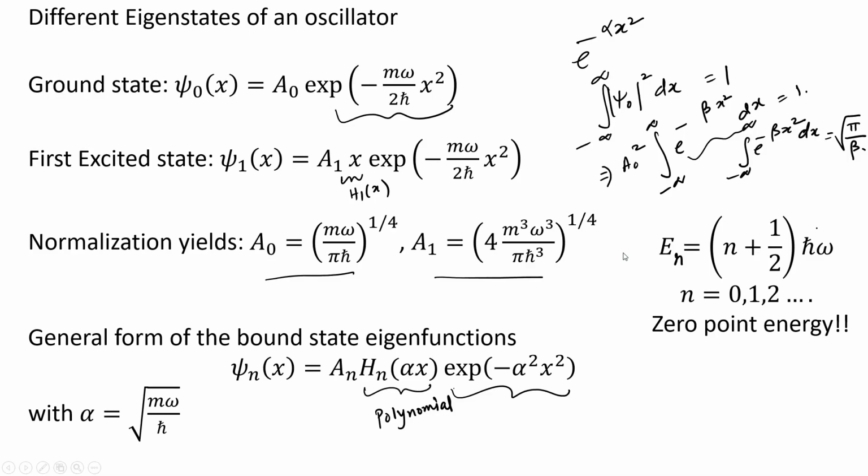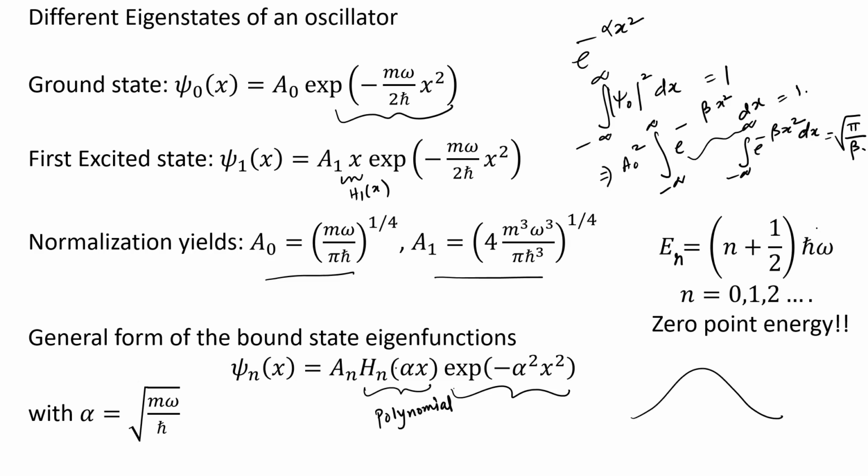So, these are the ground state, first excited state, second excited state, and so on, whose eigenfunctions are given by these polynomials multiplied with the Gaussian, which means that for the ground state, this polynomial has a value 1. So, it is purely the Gaussian, which looks like this.